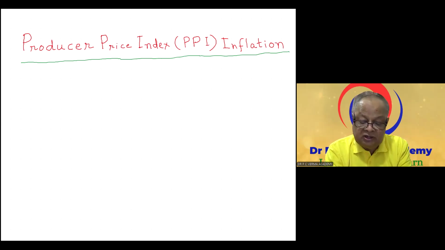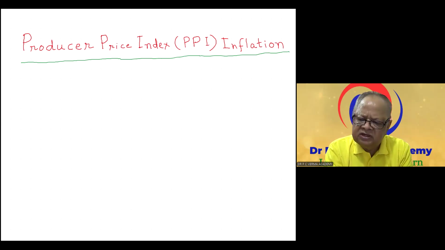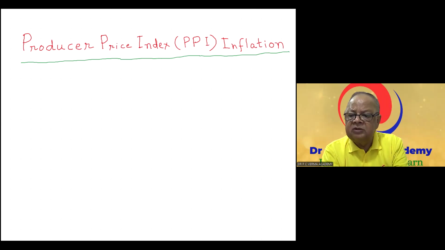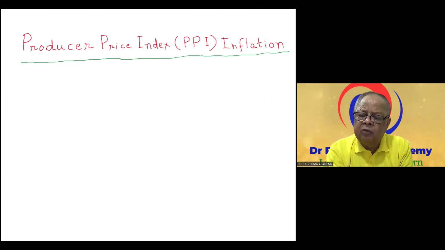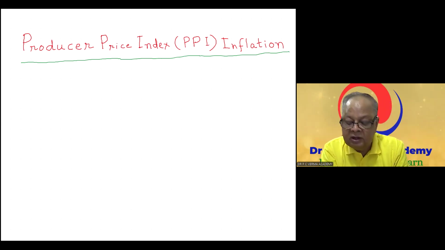So producer price index inflation, you must be aware of the fact, and you must be able to differentiate between the producer price index number and the consumer price index number, and compare them. In India, we have the consumer price index number, where inflation is measured, which measures the changes in the price of goods and services paid by the consumer.